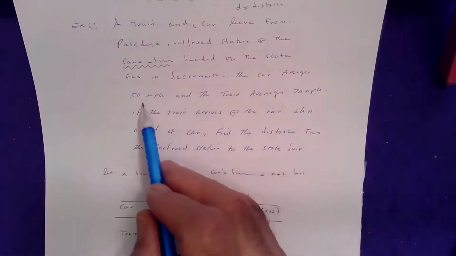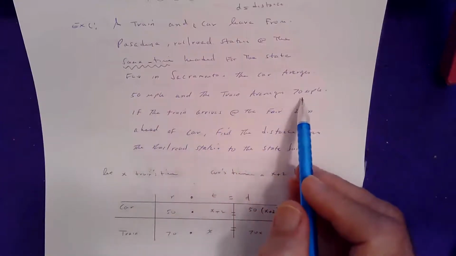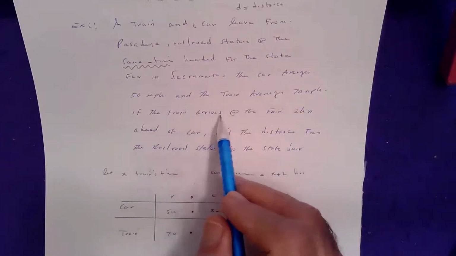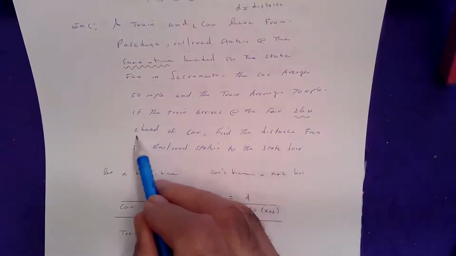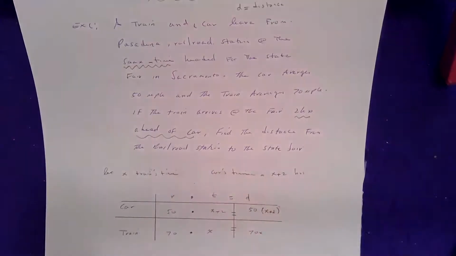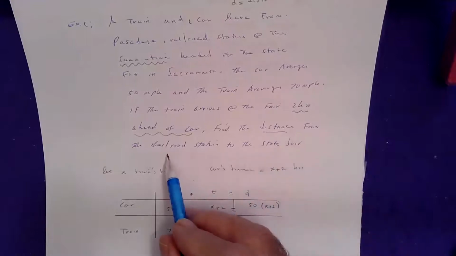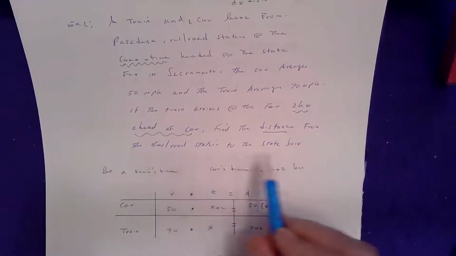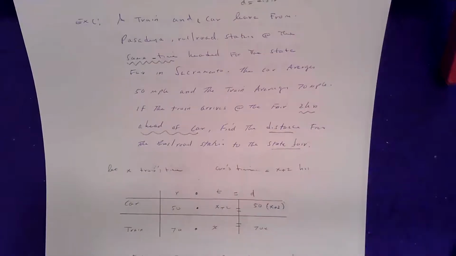The car averages 50 miles an hour, the train averages 70 miles an hour. If the train arrives at the fair 2 hours ahead of the car, so remember the train already got to Sacramento 2 hours ahead of the what? Car. Find the distance from the railroad station in Pasadena to State Fair in Sacramento. What would be the distance?